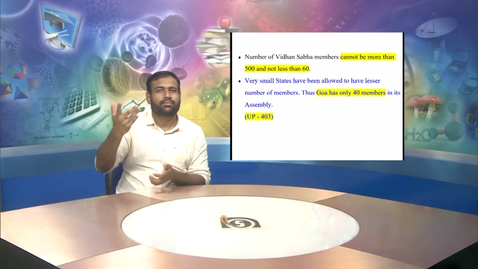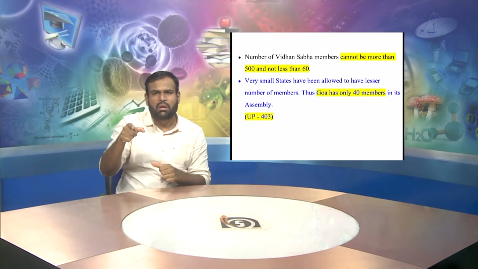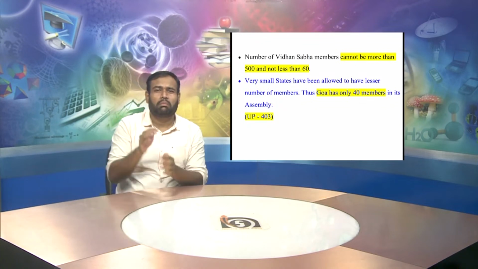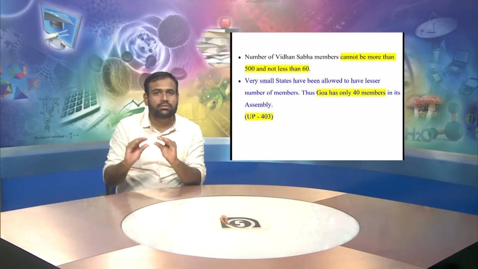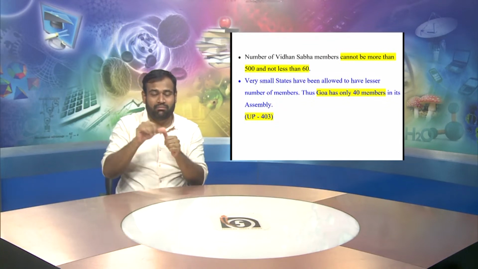Very small states have been allowed to have lesser number of members. Thus, Goa has only 40 members in its assembly.